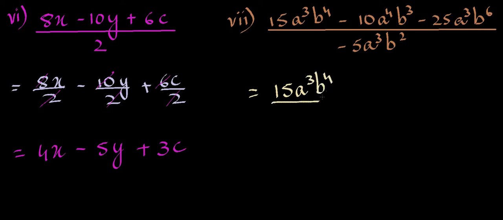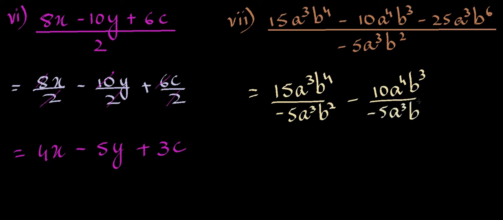So we will do the individual division. 15a cube b raised to 4 divided by minus 5a cube b raised to 2, minus 10a raised to 4 b raised to 3 divided by minus 5a raised to 3 b raised to 2, minus 25a raised to 3 b raised to 6 divided by minus 5a raised to 3 b raised to 2. Let's see what happens over here. That's equal to 5 1 times, 5 3 times, 3.